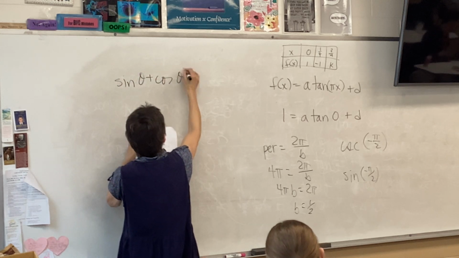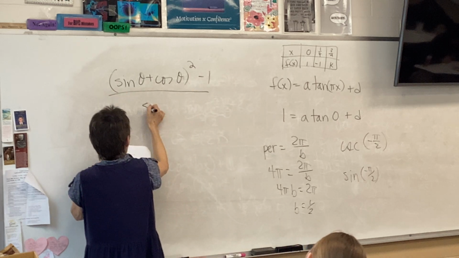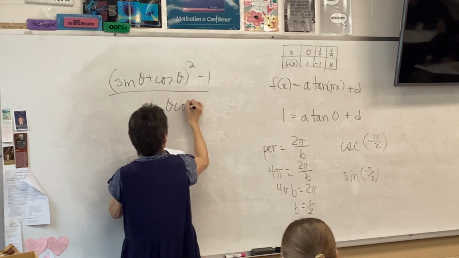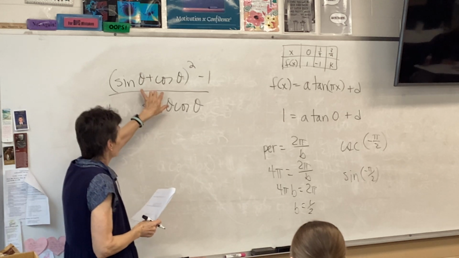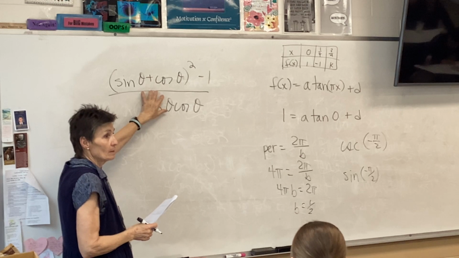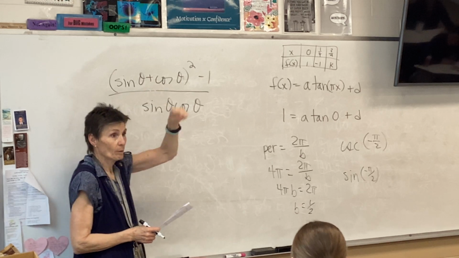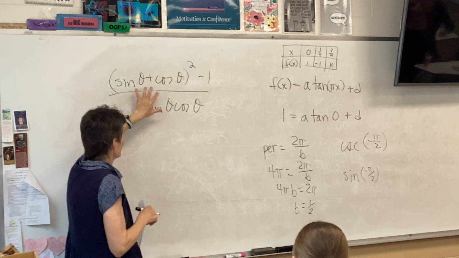What am I gonna do with the numerator? Simplify that. Now remember, sine squared plus cosine squared is 1. This is a FOIL.